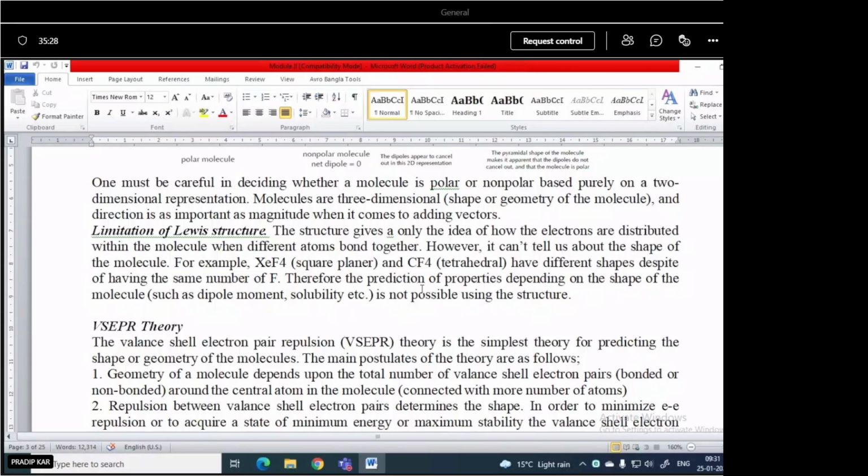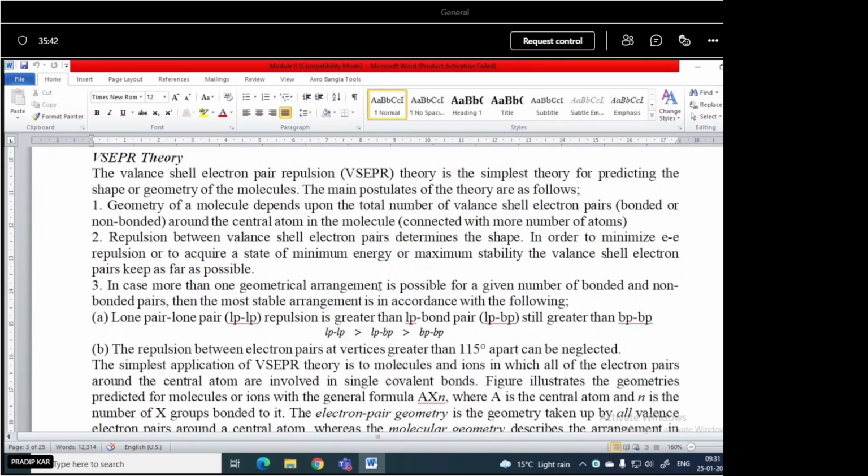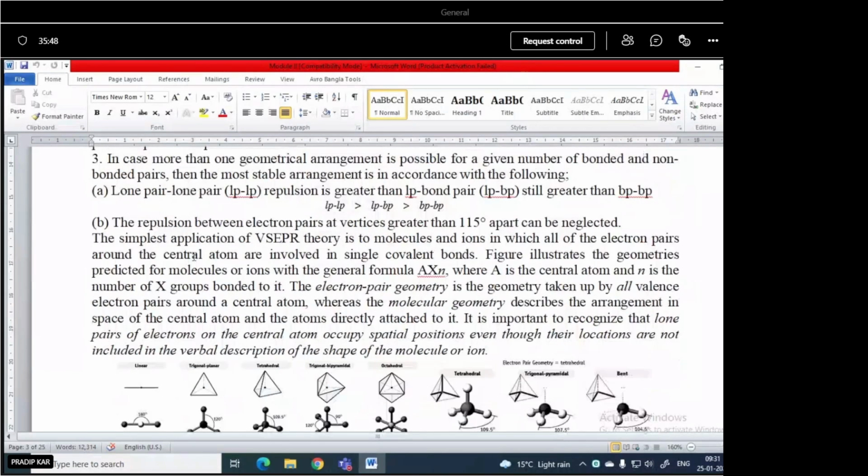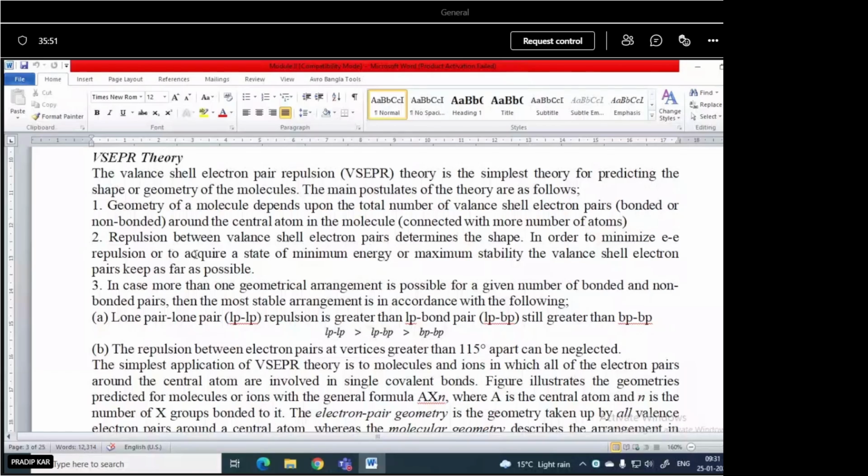This is known as VSEPR theory, valence shell electron pair repulsion. Here, first we read the assumptions, then we will discuss with examples.